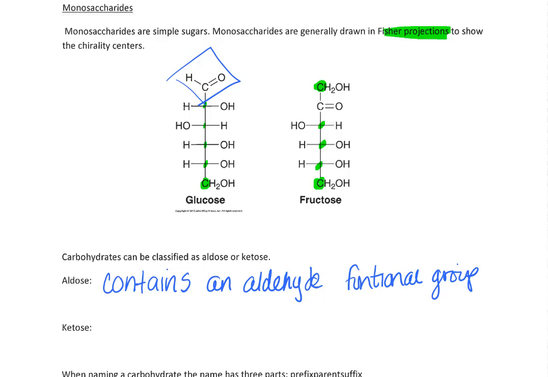Whereas fructose also has a carbonyl, but on either side of the carbonyl, there are two carbon groups, which makes this a ketone. So because there's a ketone present, we will classify fructose as a ketose. So ketose contains a ketone functional group.